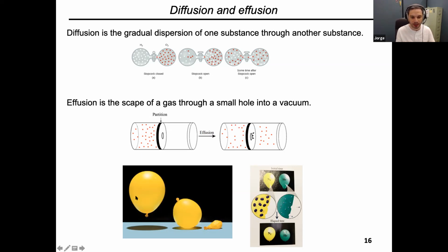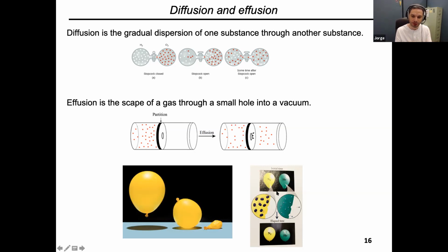When you fill up the balloon with gas, the walls of the balloon are not perfect, and there are small holes in the walls through which the gas, over time, will start escaping from inside to the outside. Therefore, the gas is effusing from the balloon to the air, and as a result, the volume of the balloon decreases with time.